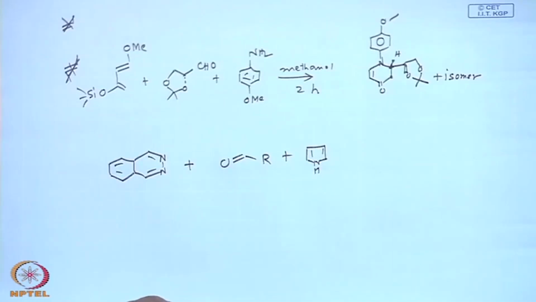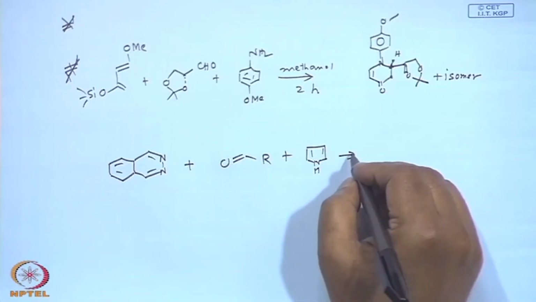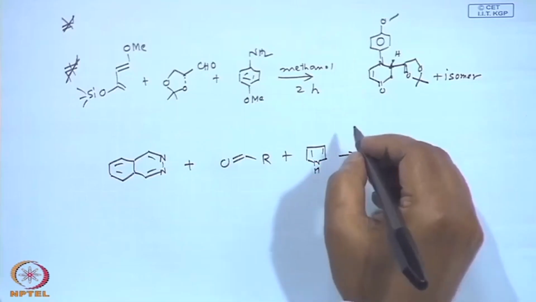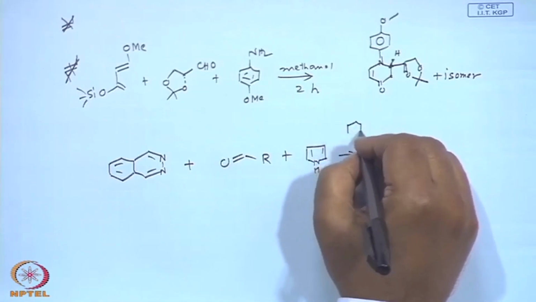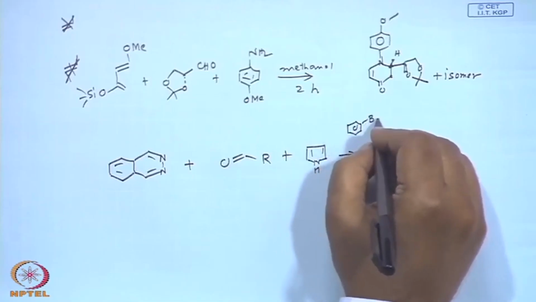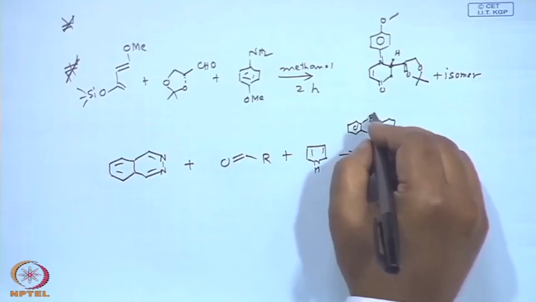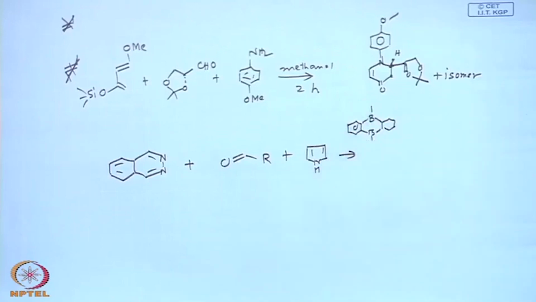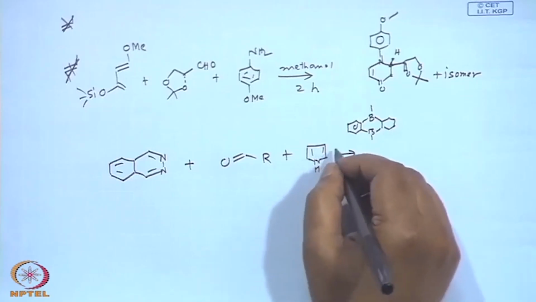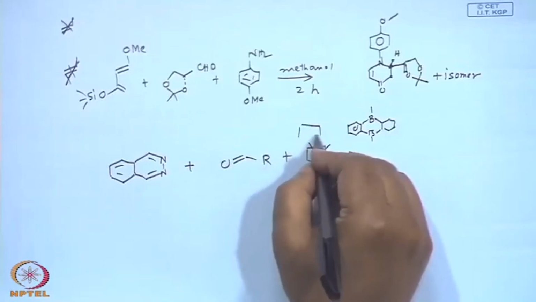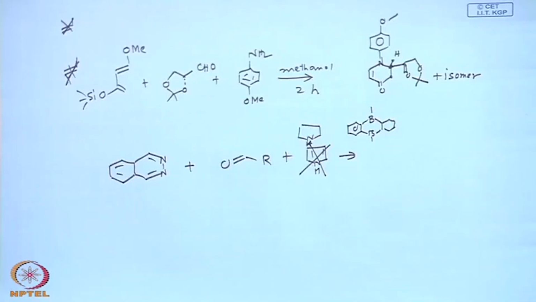That is actually the catalyst. In this case, it is a boron catalyst, so basically it is a Lewis acid kind of thing. Oh, sorry, I think I made a mistake here. This should not be pyrrolidine, this should be pyrrolidinone.